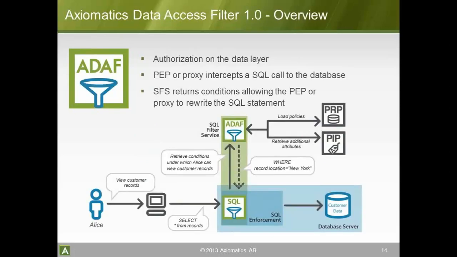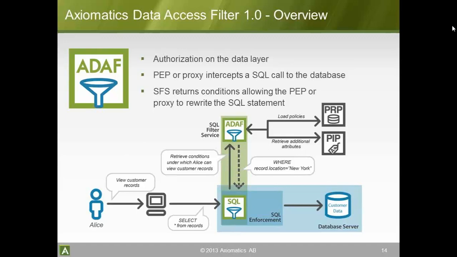So ADAF, as we call it, is here on slide 14. As you can see in the architectural diagram, the user makes a request to the database. The proxy element in the system intercepts that SQL statement.